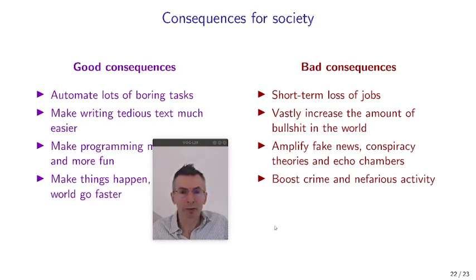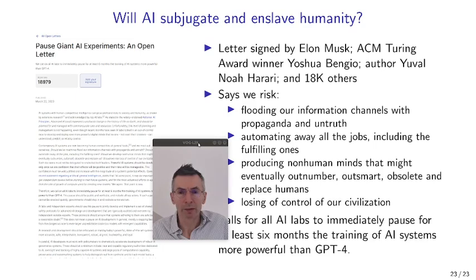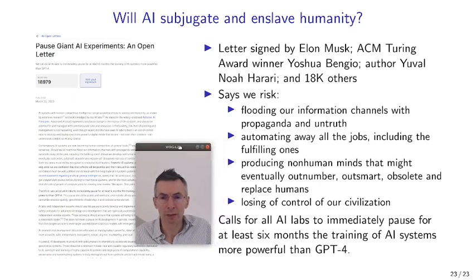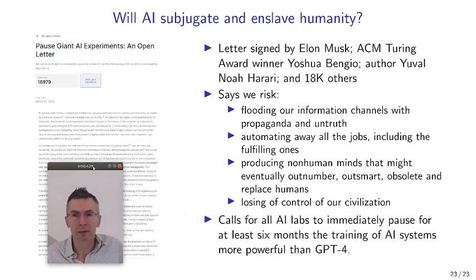But those consequences, I think, are relatively manageable. Some people have expressed much bigger concerns, like the authors of this letter, a letter that asks to pause giant AI experiments.